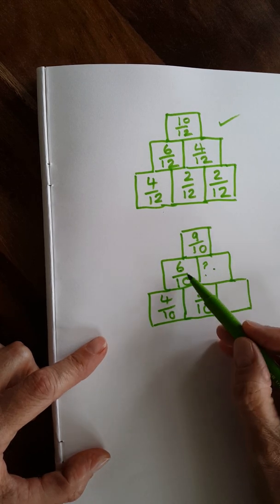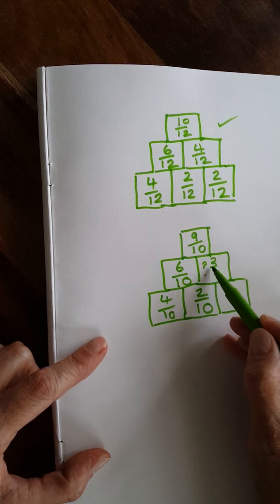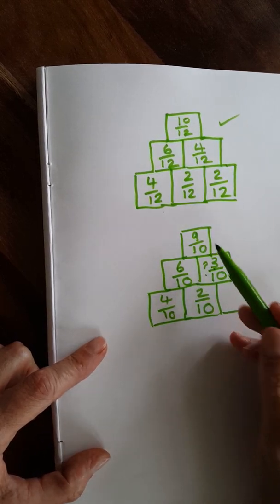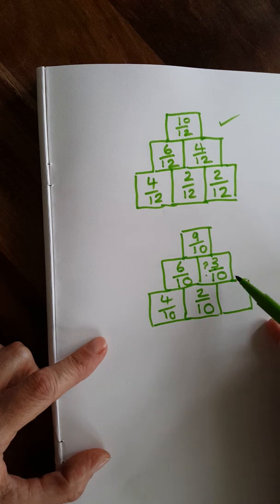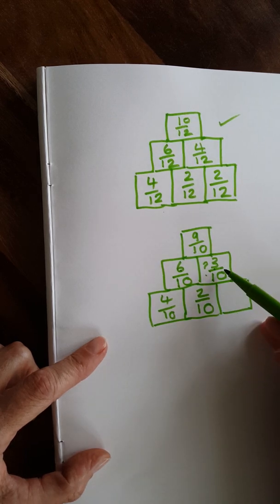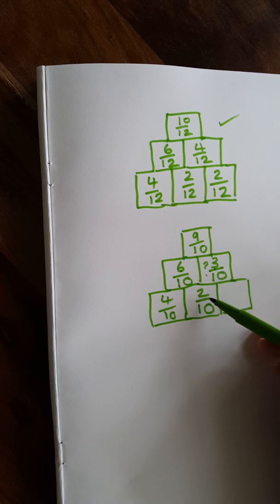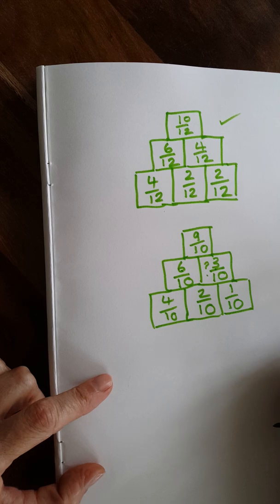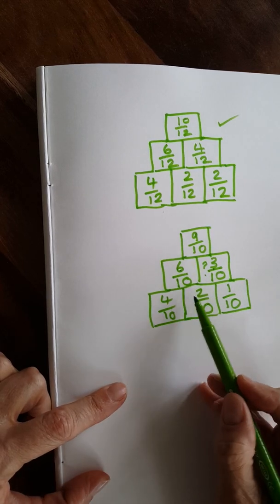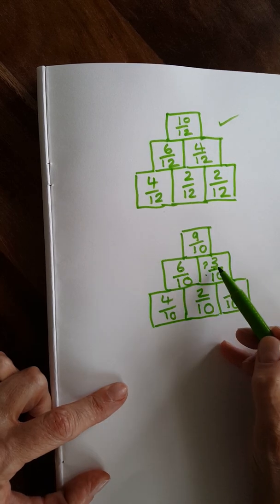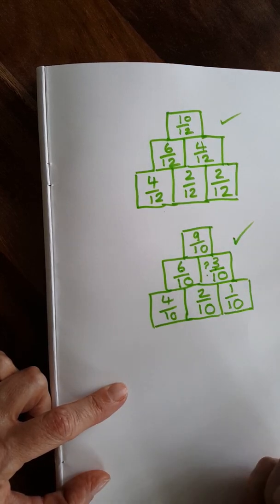So I know that I need to add 3/10 on to get to 9/10. 6 and 3 is 9, so that works. Now working backwards again, that total is 3/10. What did I need to add on to my 2/10? The answer is going to be 1/10. If we quickly check that, 4 and 2 is 6, 2 and 1 is 3, 6 and 3 is 9, so that's correct.